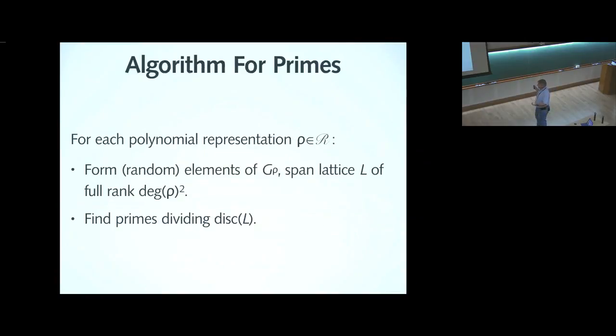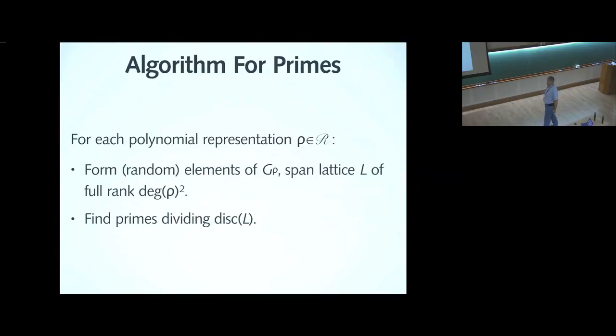So, what I do is go through these representations, form random or pseudo-random elements of the image under this representation, still in Z, and look at the lattice in Z until I have full rank. I must have full rank because the representation of the group is eventually absolutely irreducible for infinitely many primes.